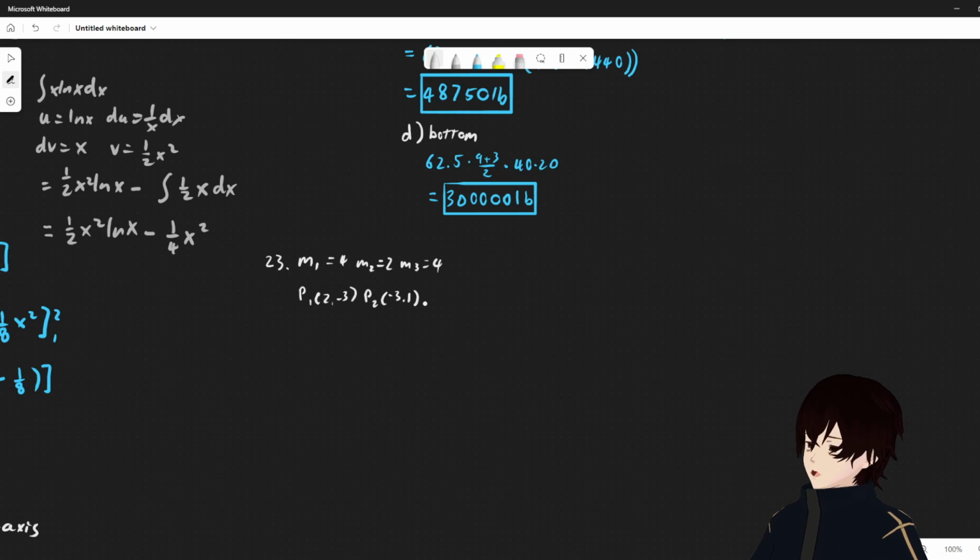So we have 3 points of mass, and we need to find the center of mass. Okay, this one shouldn't be too hard. So to find mx, we need to take all of the mass from y.